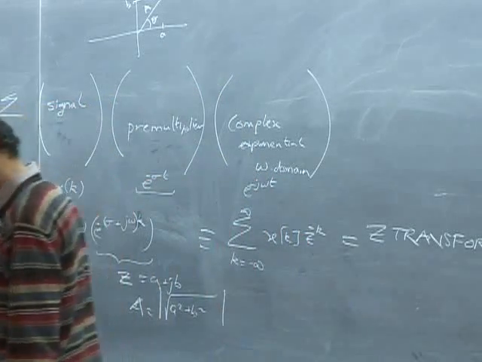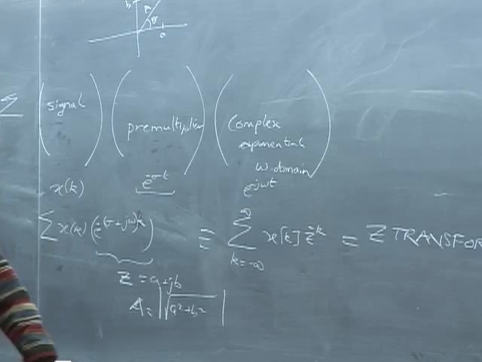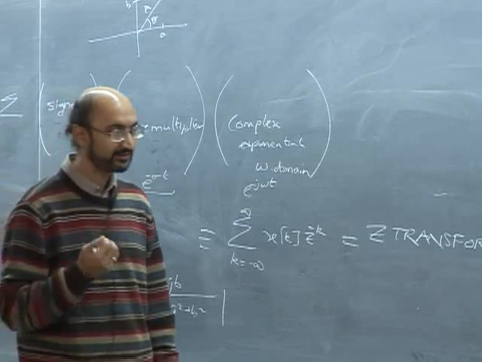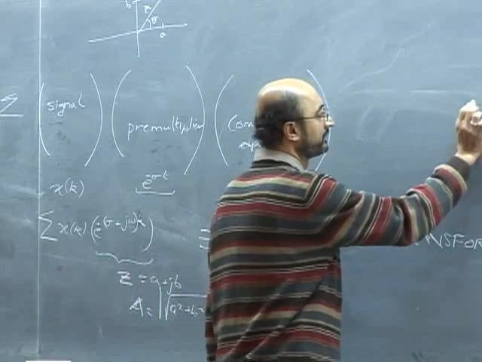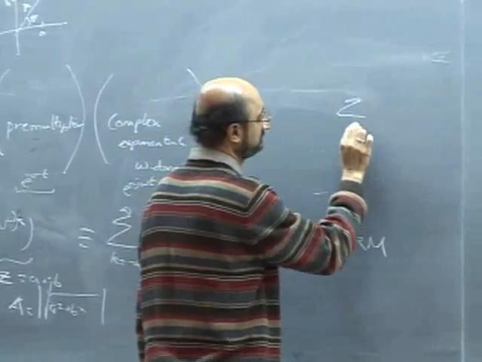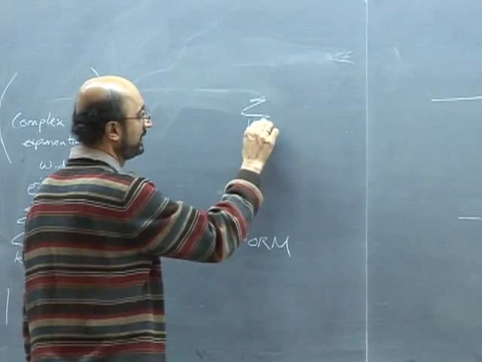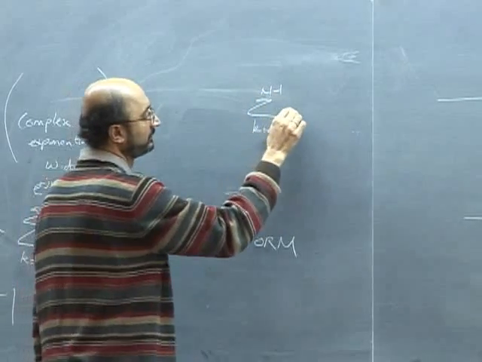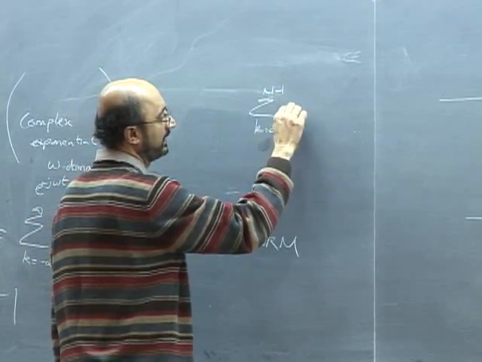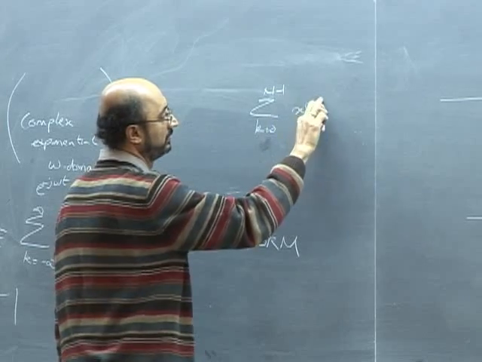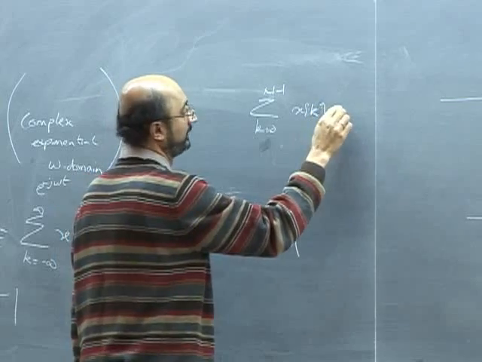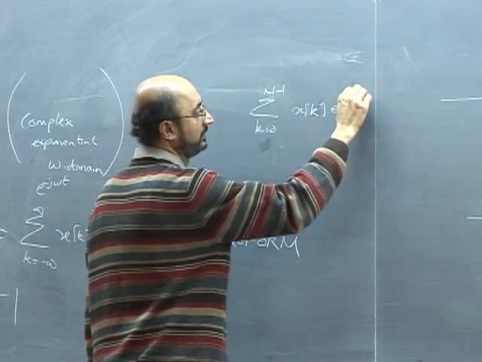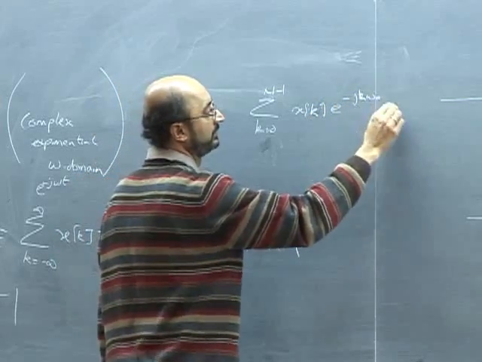Because when I was studying it, I was like, oh, wait a minute. The discrete Fourier transform, the DFT, is so complicated, right? It looks like this: sum from k equals 0 to N minus 1 of x[k] e to the minus j k omega naught t.